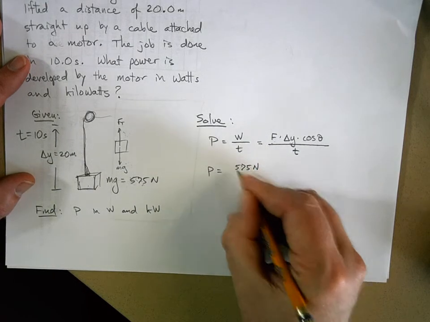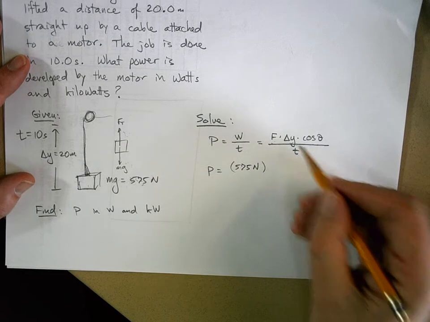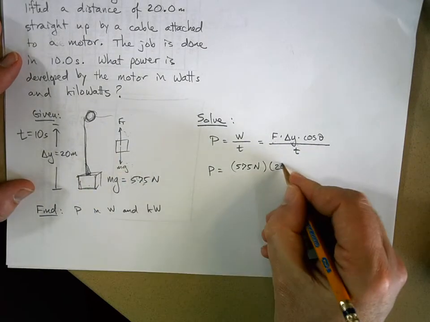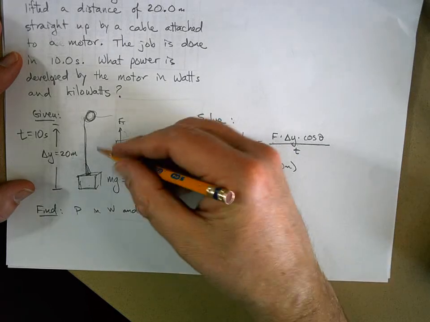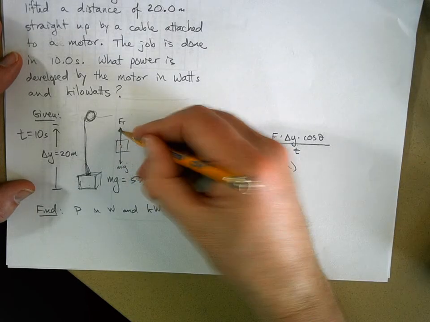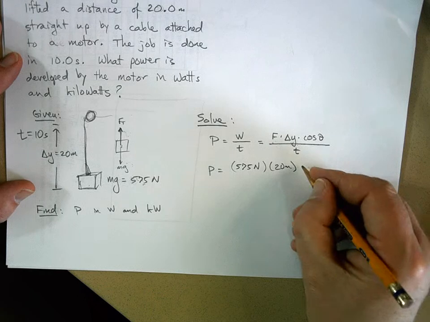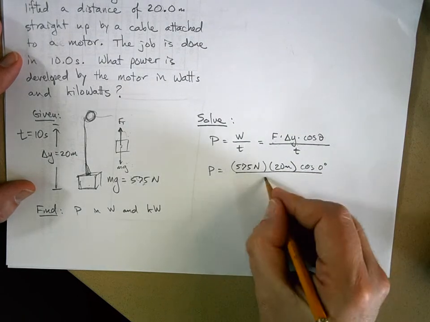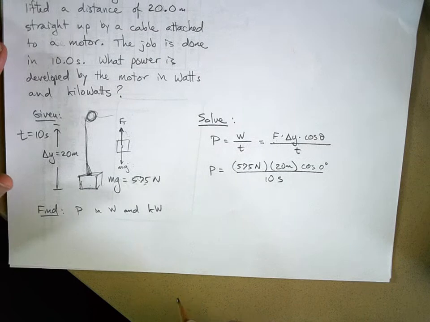575 newtons times delta y, 20 meters. And the force we're applying is up, and the displacement is up. So that's a cosine of 0 degrees. And it takes 10 seconds for all that to happen.